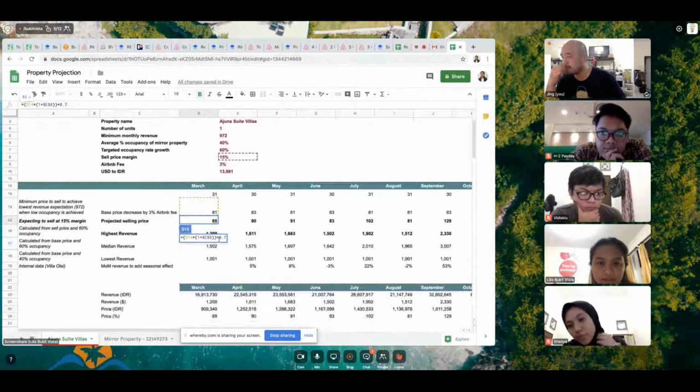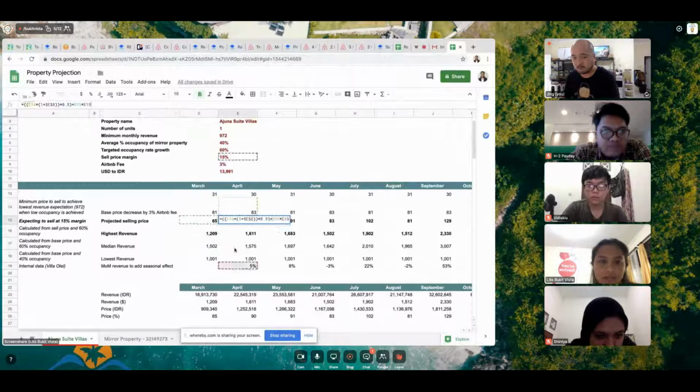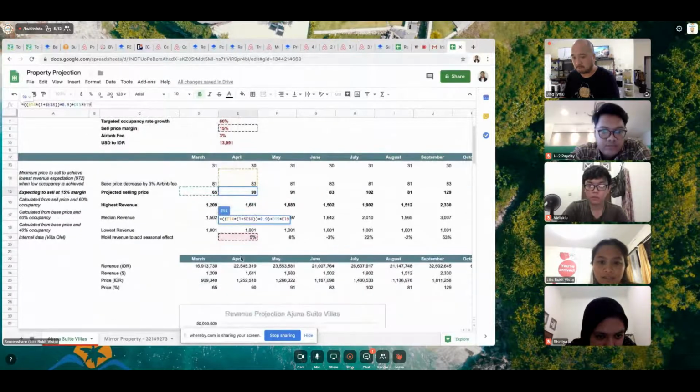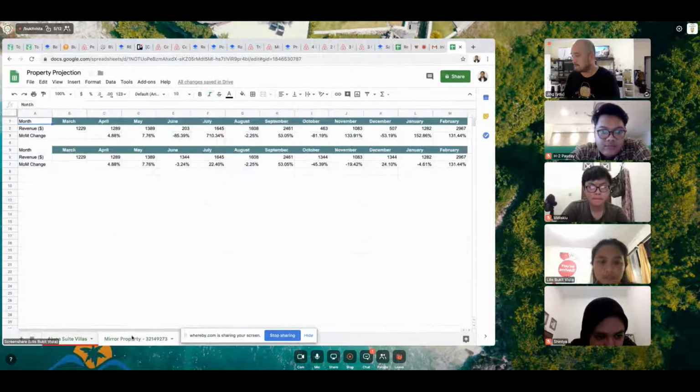This is including the first strategy on March, where I would like to give a discount, for example 30% for the first month. Then for the next months I input the seasonality factors, which is the month-per-month revenue change from Villa Olel, here.